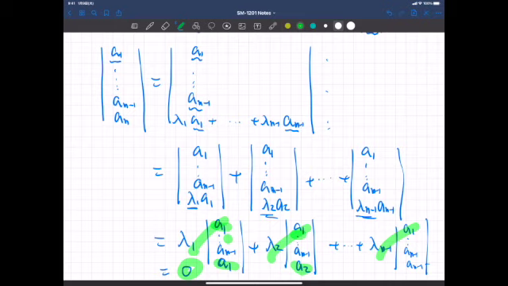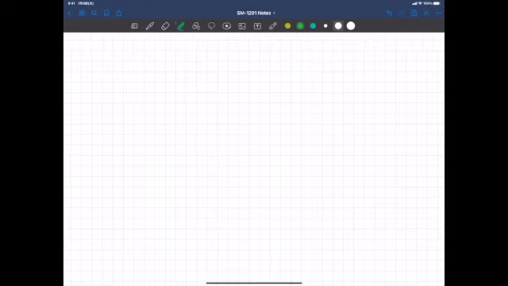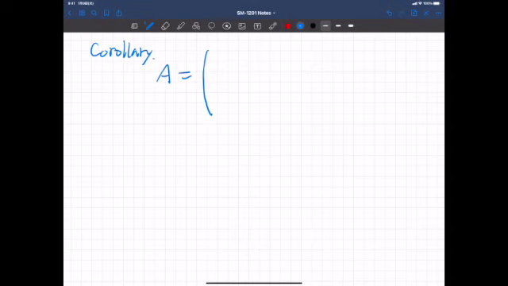Now, the contrapositive of this theorem is the following. Okay, so it's a corollary. So let's say we have a matrix A that is made of all these column vectors. Then the contrapositive of the last theorem is this.